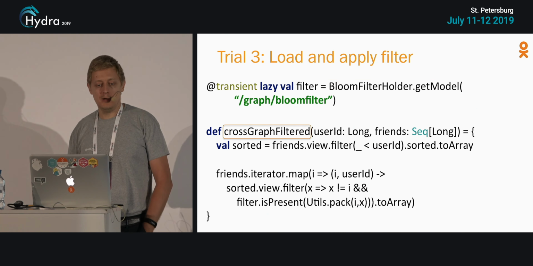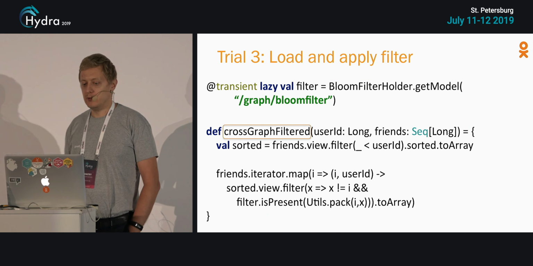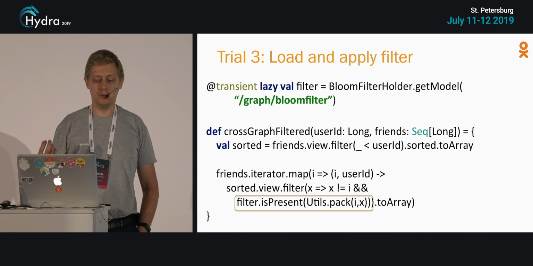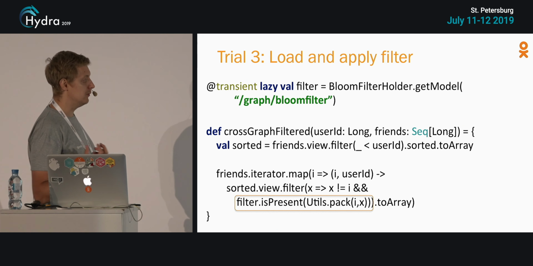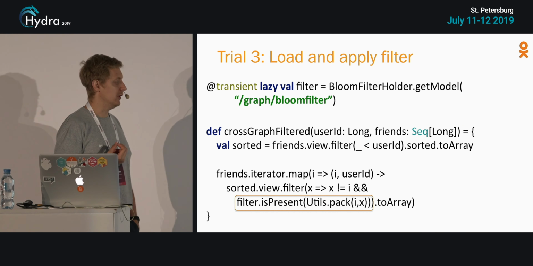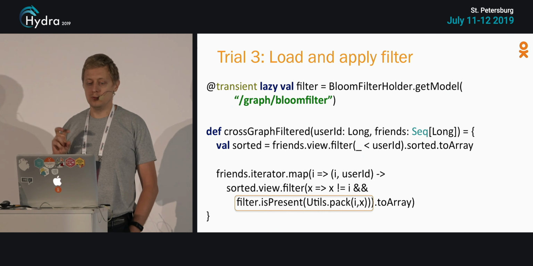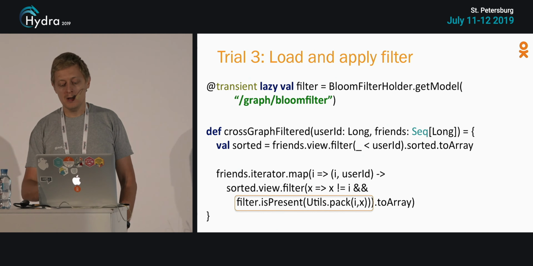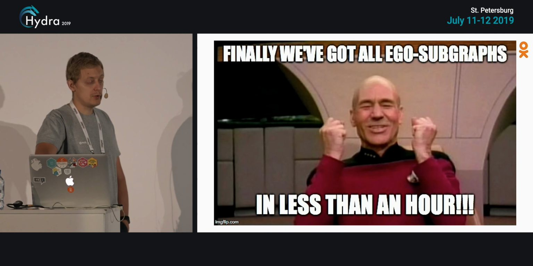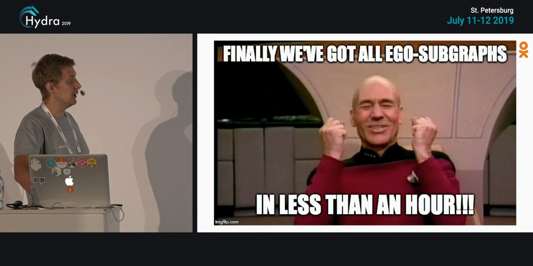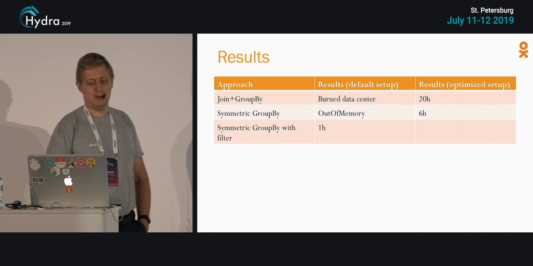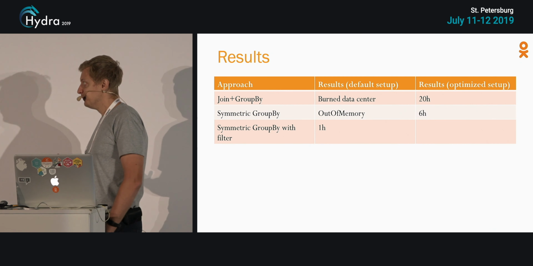We need to modify our cross-graph routine, just by applying the filtering. So we're emitting a triplet only if the Bloom filter says that these two persons might be connected. And finally it works. It takes a bit less than an hour, and we get all the EGA subgraphs.